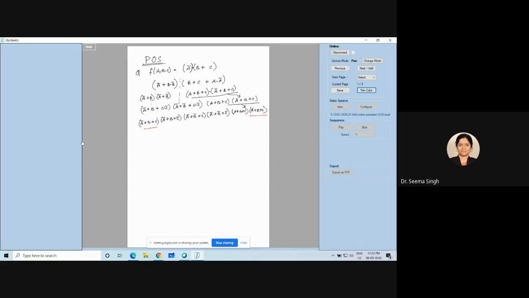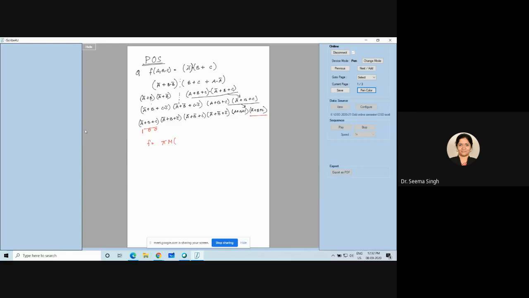The max term form is like function is equal to pi and capital M. This is max term form. Now you have to remember in POS form it is all opposite. In SOP form A bar used to be 0, right? But here A bar is 1. It is just the opposite. Then B and C are 0, 0.